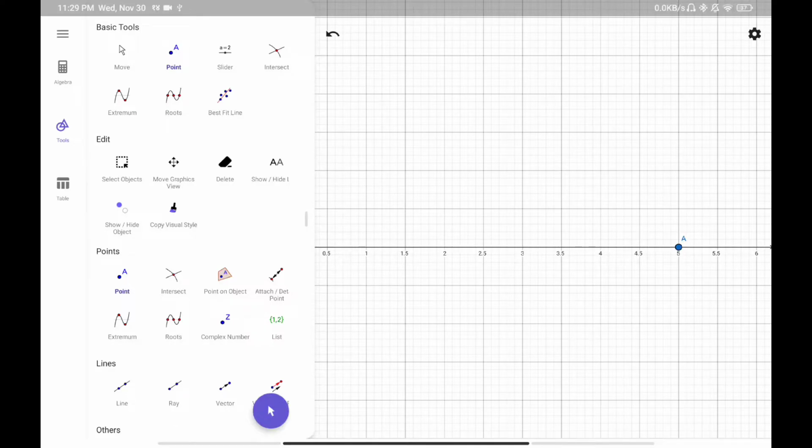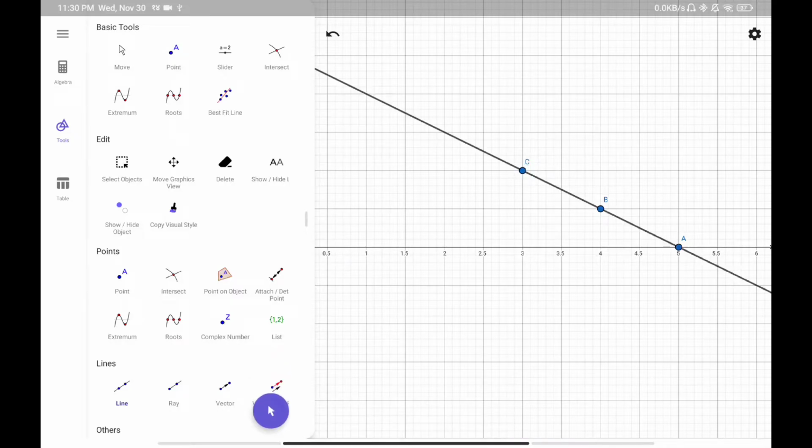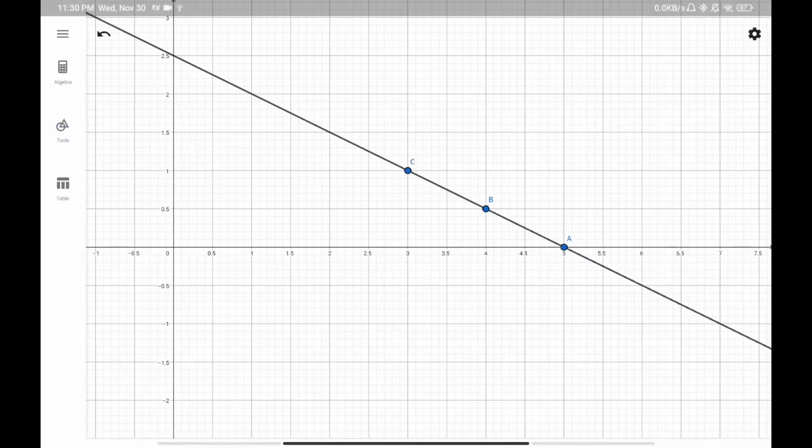Now we can draw the line joining all these points. To draw the line, we just need to select 2 points, so we'll get a straight line. Let's do that, this point and this point. So this is the line that we need. This is our boundary line.